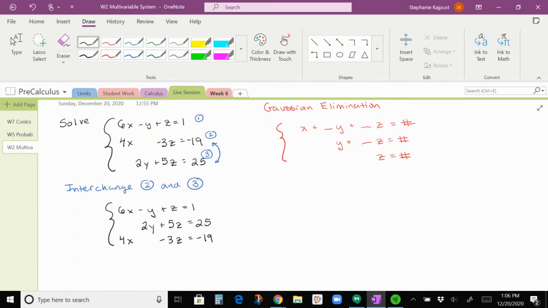And this is where things can get really tricky because sometimes there's not a way to do it easily. So, for example, the only way to get rid of x is I'd have to use the first equation. And I'm going to renumber these equations as just 1, 2, and 3. That makes it easier if you just keep renumbering them.